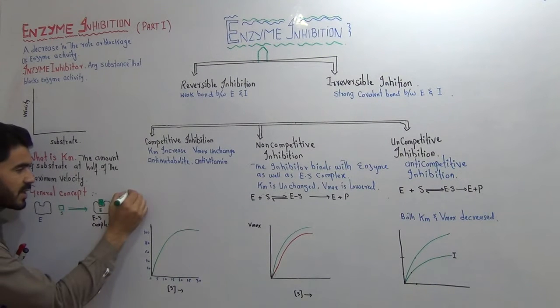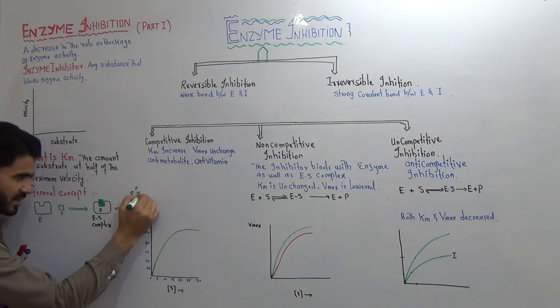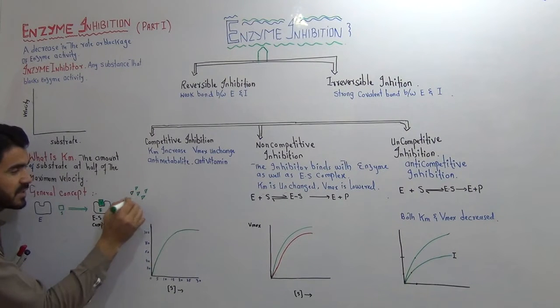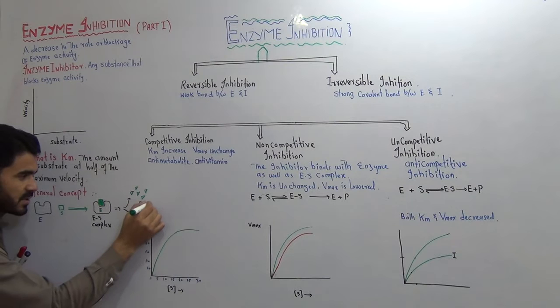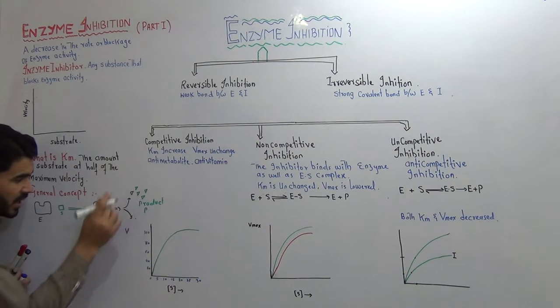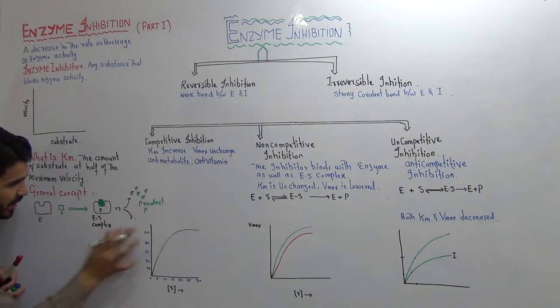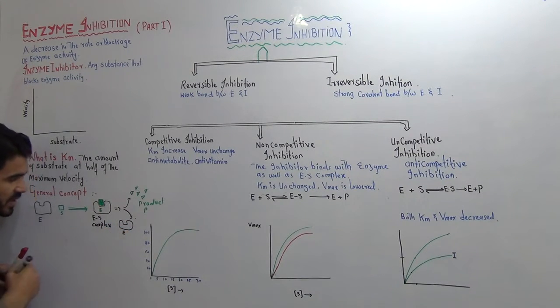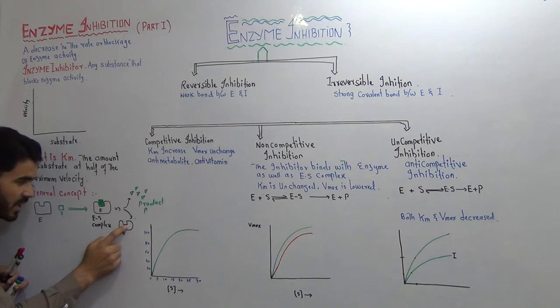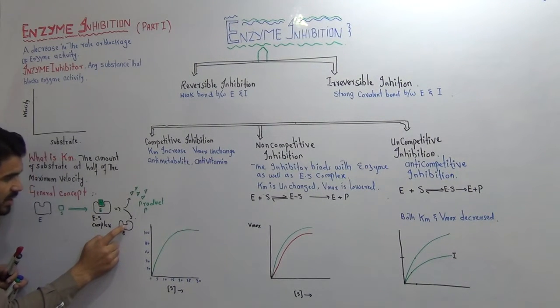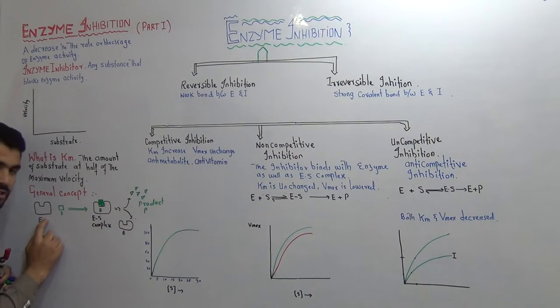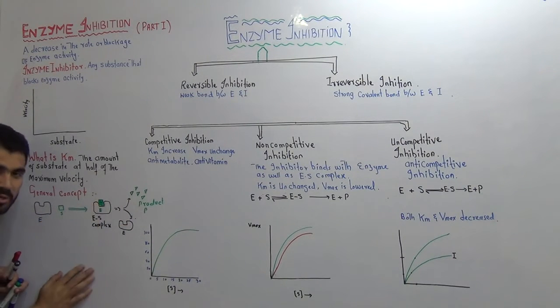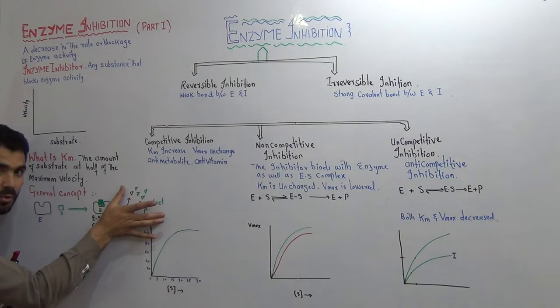Just for your convenience, I would like to write P for the product, and here I write the enzyme once again. Enzyme has done its job, the enzyme is now in its original form, while the substrate has been converted into a useful product.